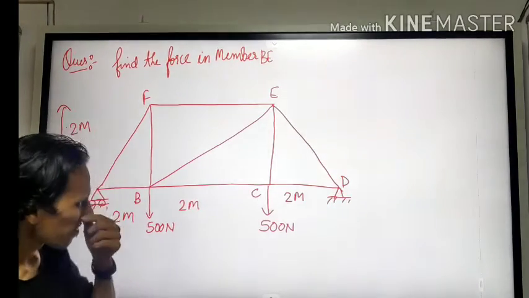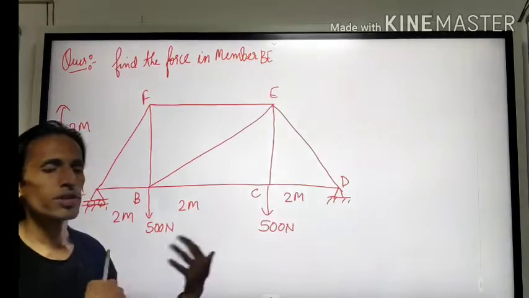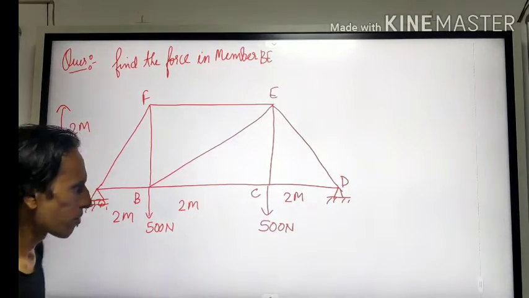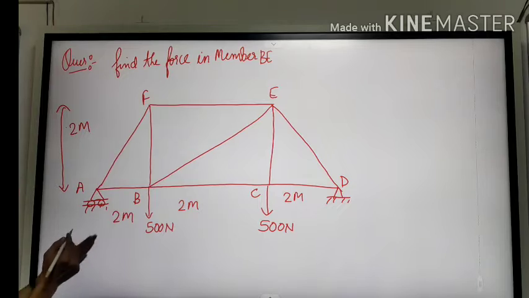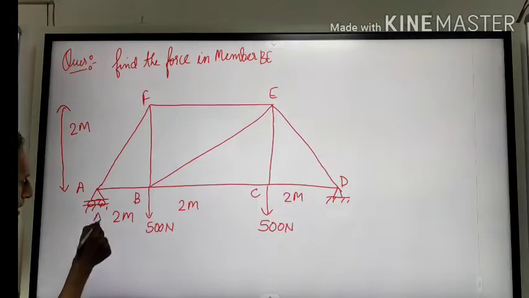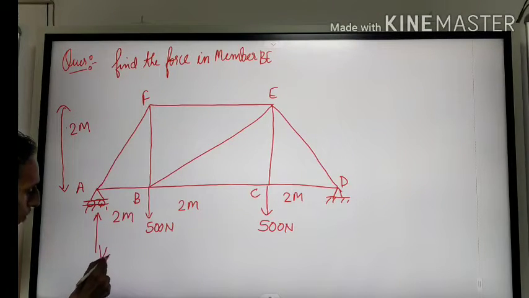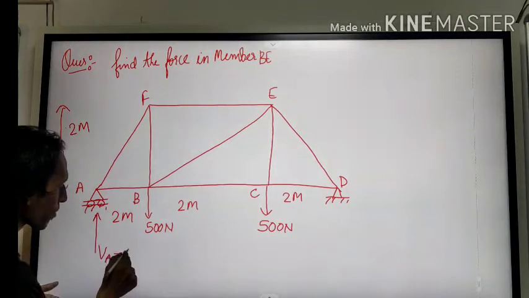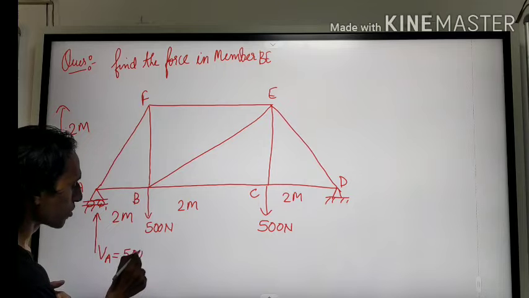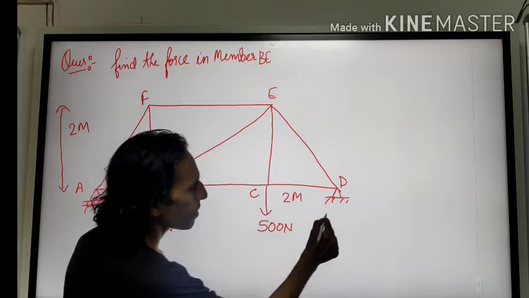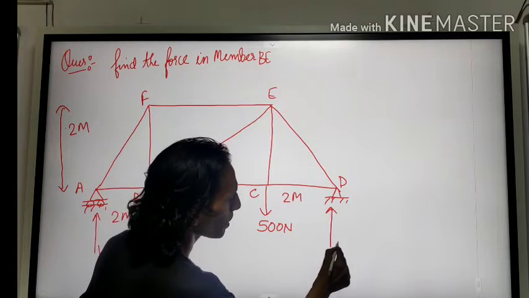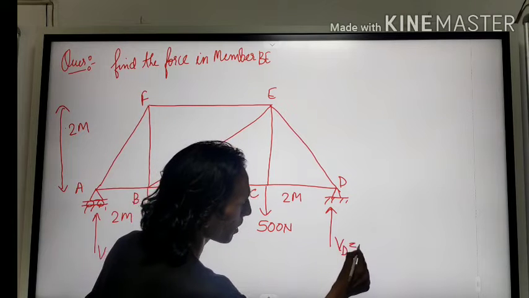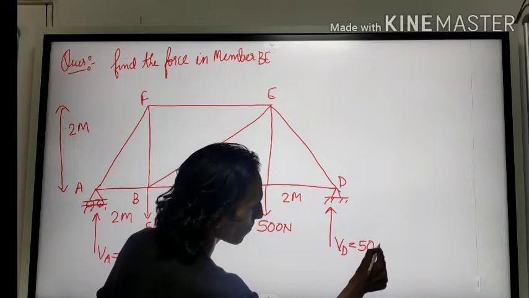So you are required to cut the section. Before that, calculate the value of VA. If you solve this, I am not solving here, the value will come out to be 500 Newton. Similarly, VD will come out to be 500 Newton.